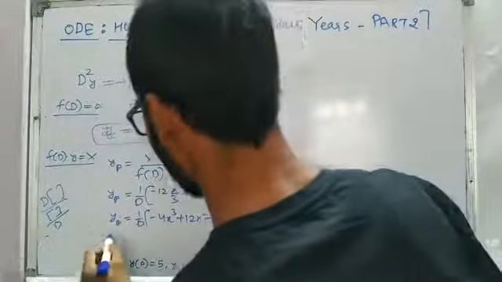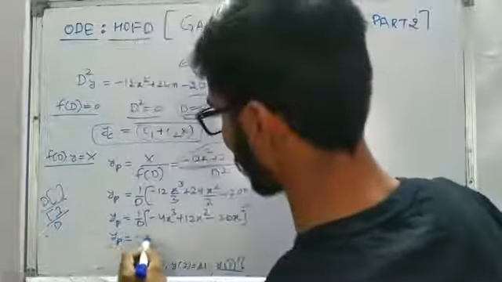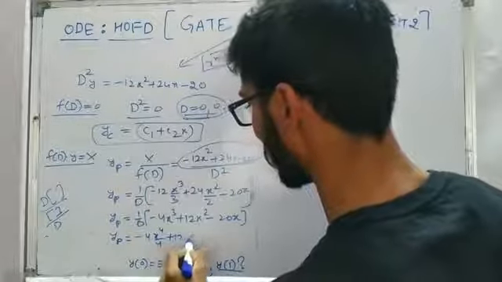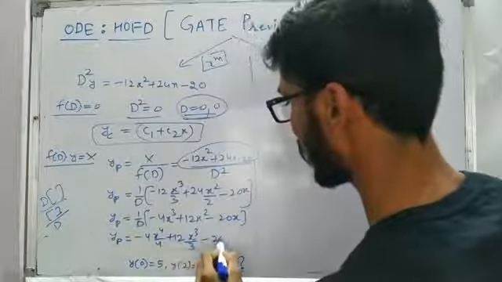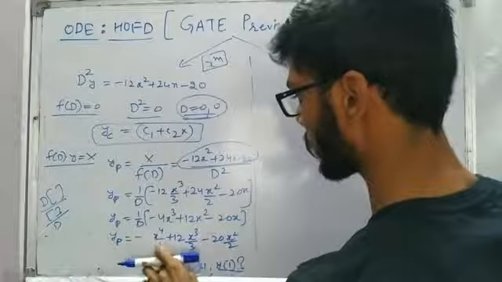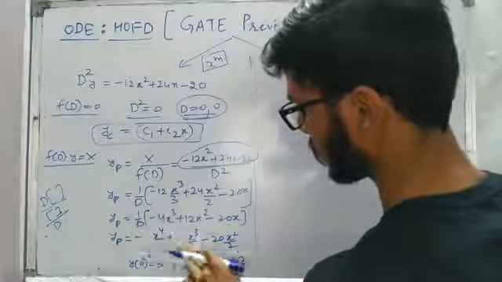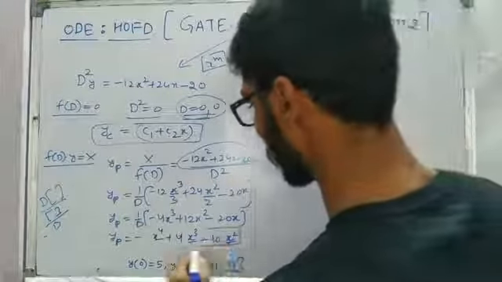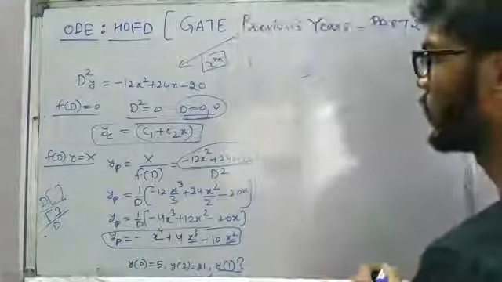So yp is equal to minus 4 into integration of x power 3, which is x power 4 by 4, integration of x square is x cube by 3, and integration of x is x square by 2. So you are going to get minus x power 4, and 3 fours are 12, so 4x cube, and minus 10x square. So this you are going to get as the particular part.